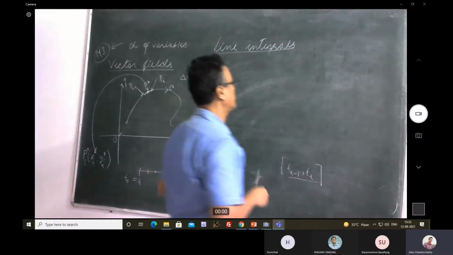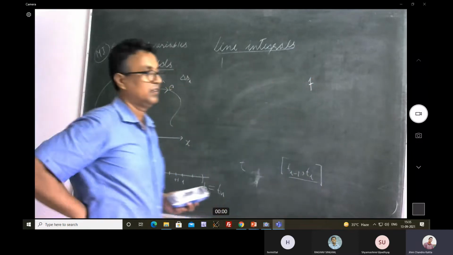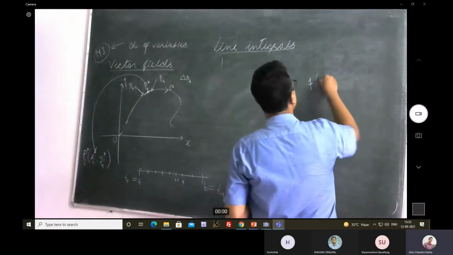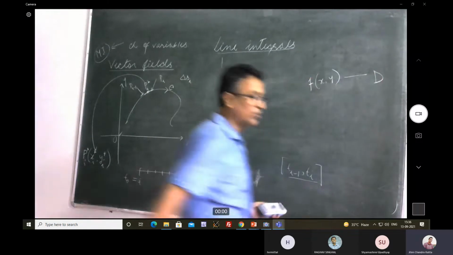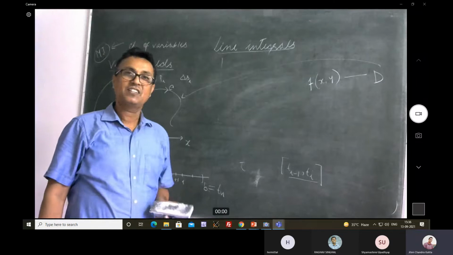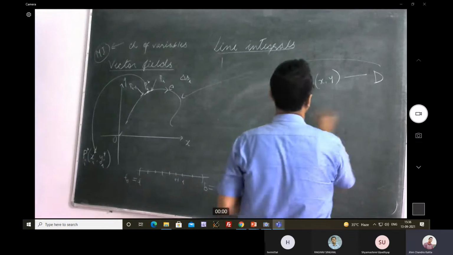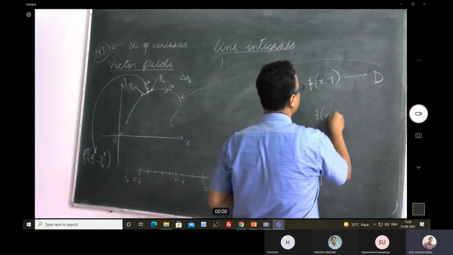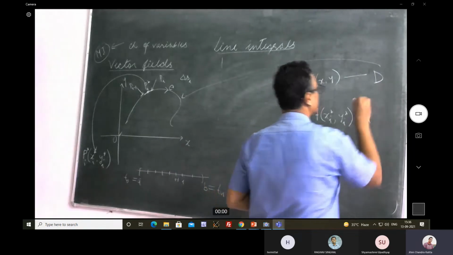So now, if f is a continuous function of two variables, defined in some domain D, and if this curve C lies in that domain D, then for each of those subintervals, I am going to construct this product.